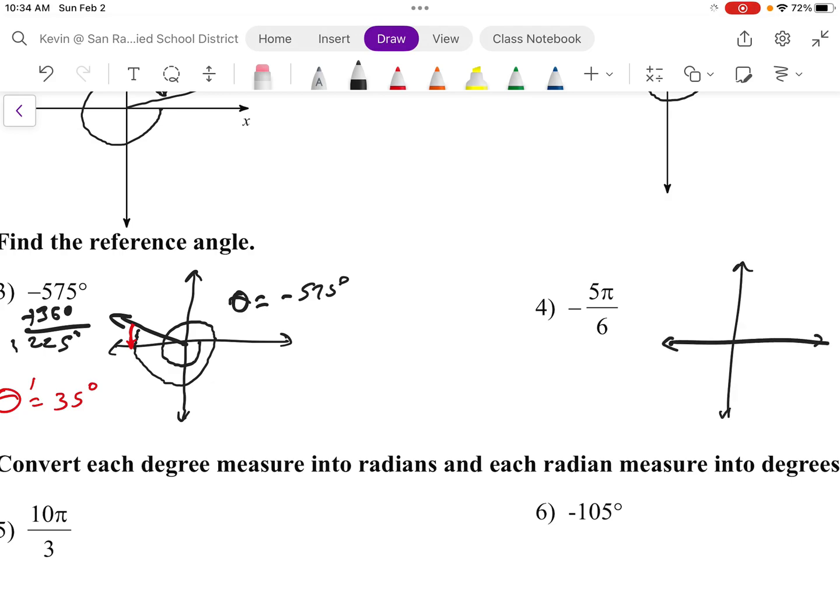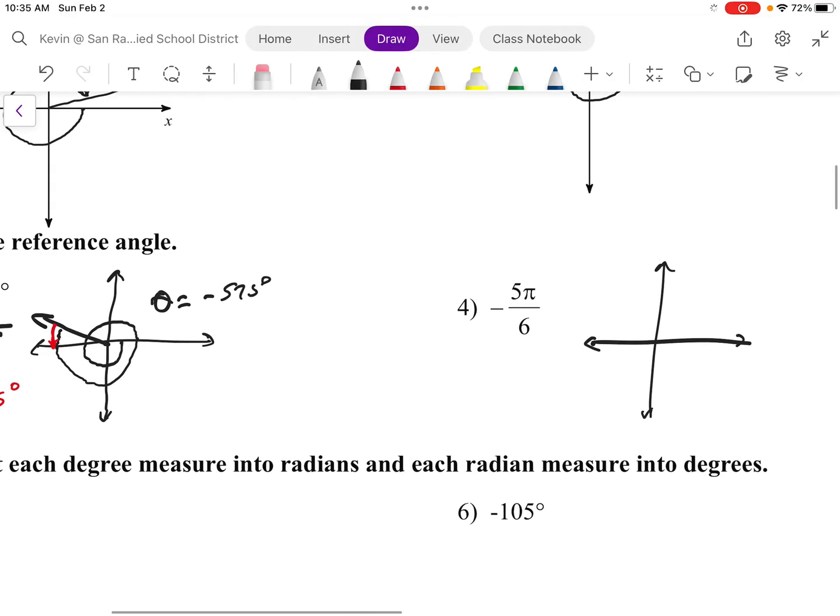Okay, come over here, and we have negative 5 pi over 6. I just noticed the key is wrong. All right, well, the key that I posted is wrong, because negative 6 pi over 6 would equal negative pi.